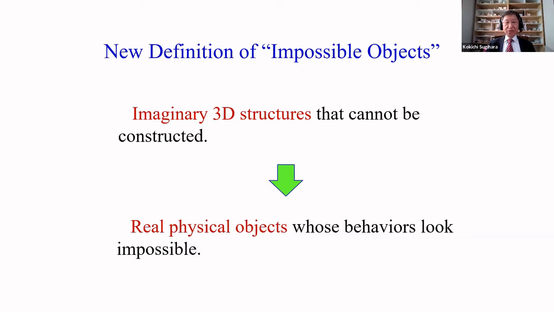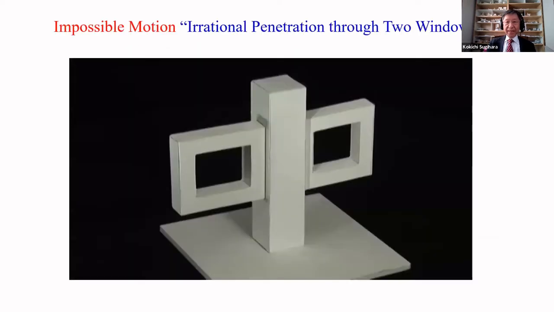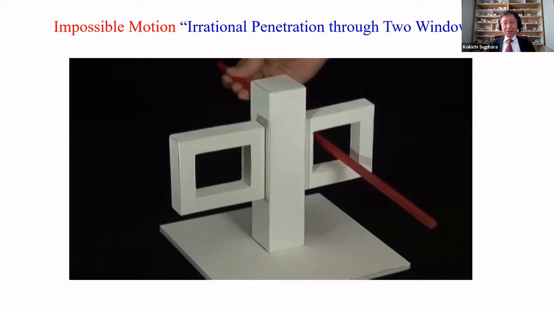Impossible objects originally meant imaginary 3D structures, but to me, the impossible objects are real physical objects whose behaviors look impossible. And let me show another impossible looking behavior. Here we have an object, and the object looks normal.